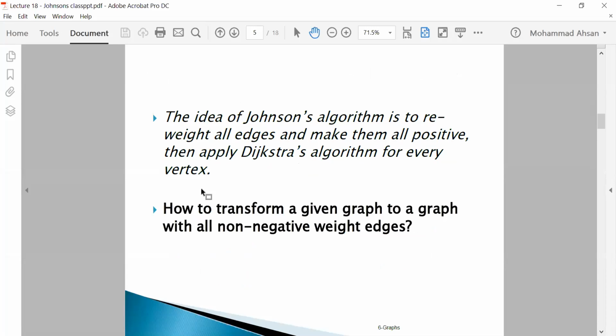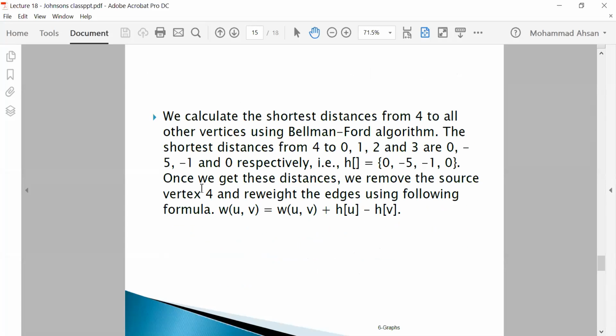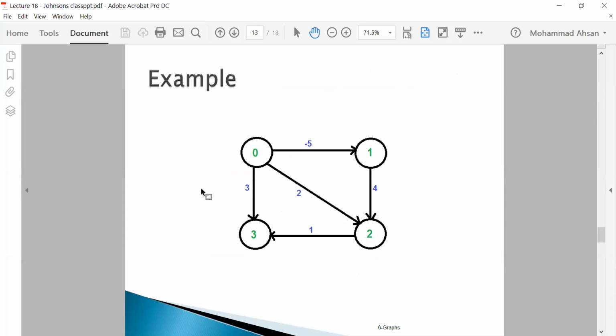So we need to remove all the negative weights. We have to basically reweight. So one intuitive approach is that you add a distance. So let's see a graph here first. If this is your graph, the intuitive way of removing a negative edge is that you add the highest weighted negative edge in my graph.